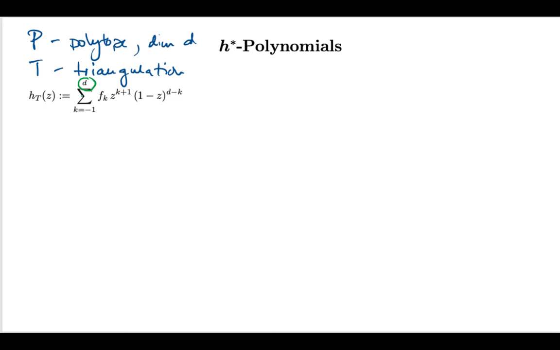Anyway, this is the natural definition for the h-polynomial of a triangulation. Let me remark that Dehn-Somerville does not necessarily hold for this h-polynomial. For Dehn-Somerville, I really need a boundary triangulation.